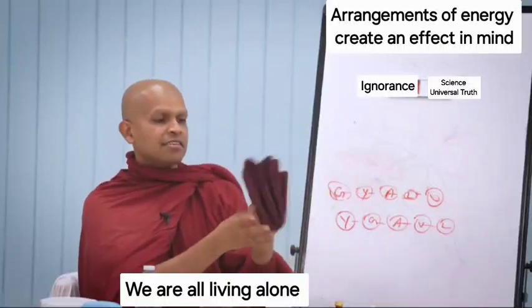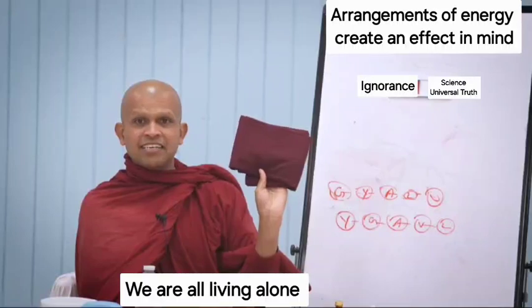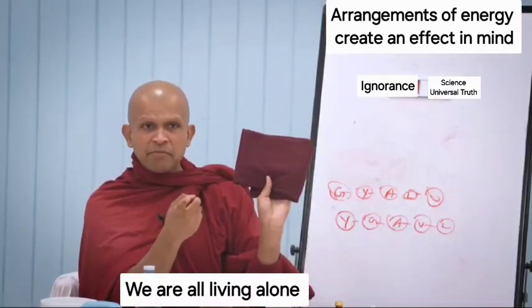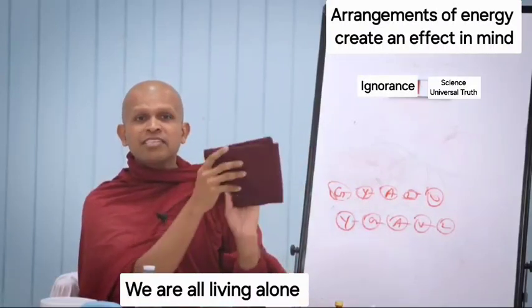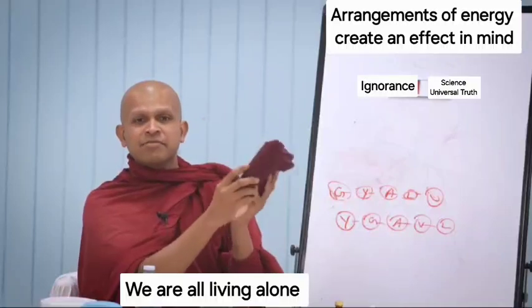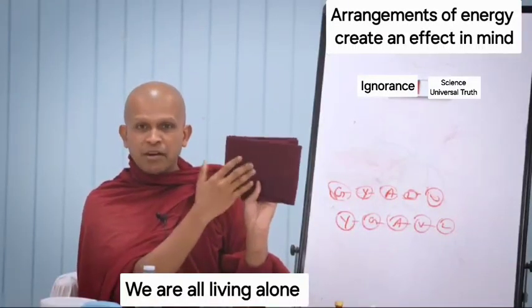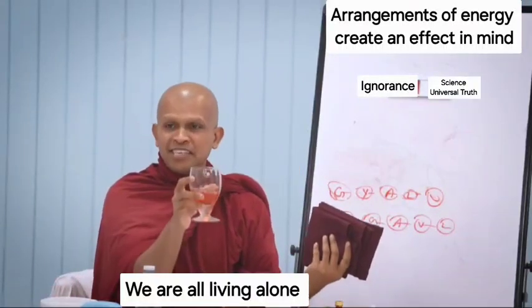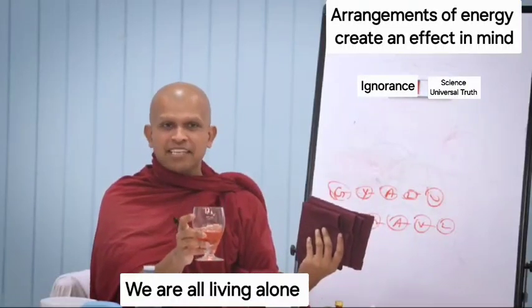Then what color is this praying mat? No, just before you claimed that colors exist in the mind. I'm talking about these atoms. What is the color of these atoms? Brown? Wait. Earlier you told me colors exist in where? In the mind.